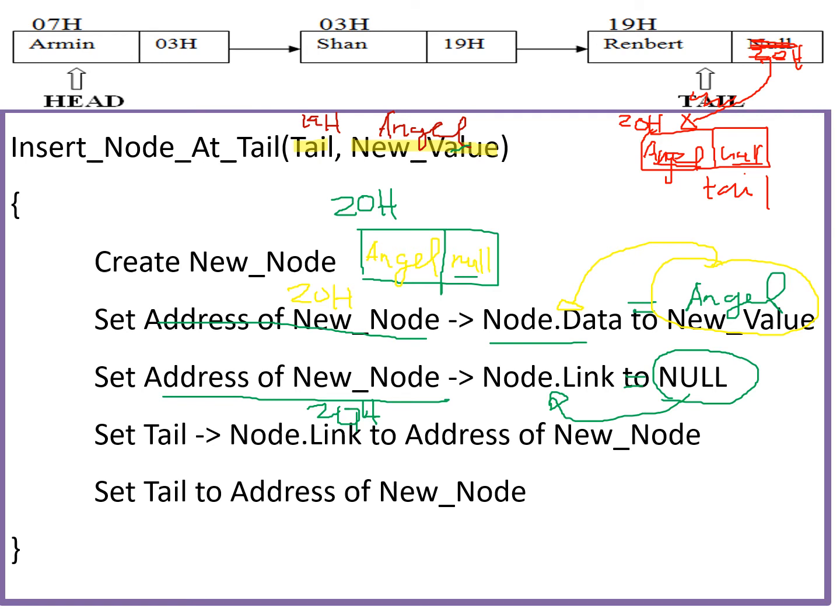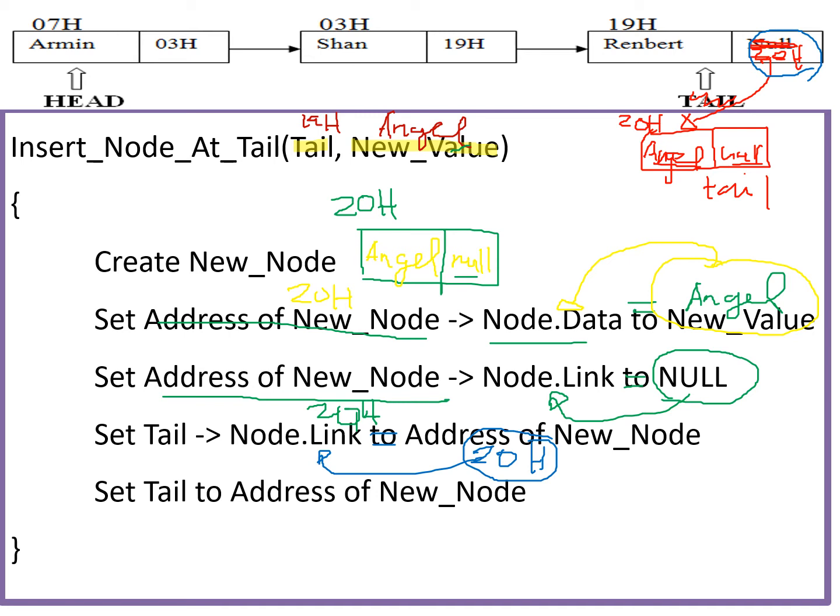Okay? Next, set tail referencing node.link to the address of the new node. Ito yun. Ito yung ginawa natin. So, paano gagawin? The address of the new node is 20h. So, 20h will be assigned to node.link of the tail.